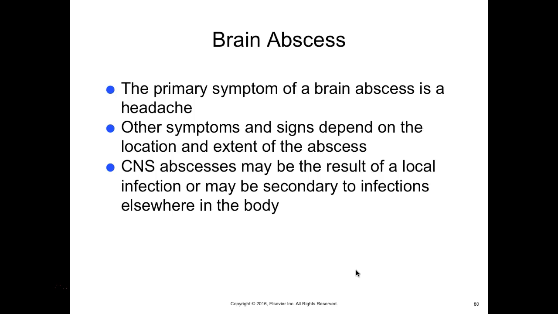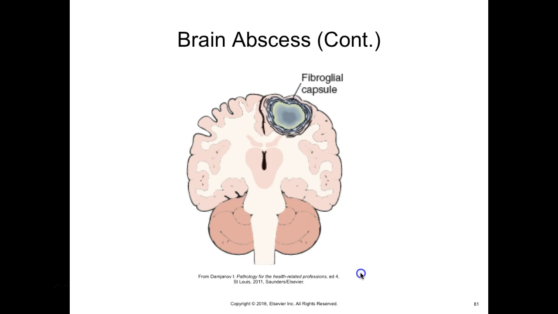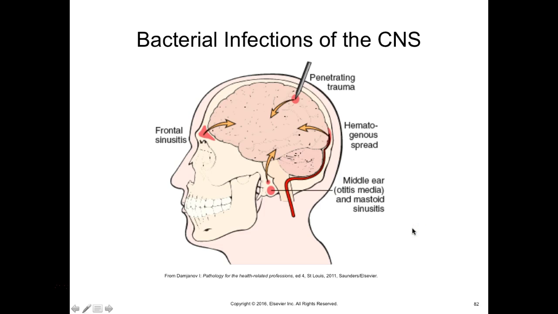Central nervous system abscesses may be the result of a local infection and may be secondary to infections elsewhere in the body. So here's showing the encapsulated brain abscess. They may have to go in and drain the abscess and then, of course, start antibiotic therapy. Bacterial infections of the central nervous system could be from frontal sinusitis, so a sinus infection that then goes into the brain.